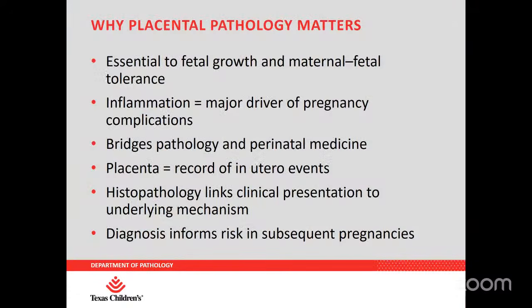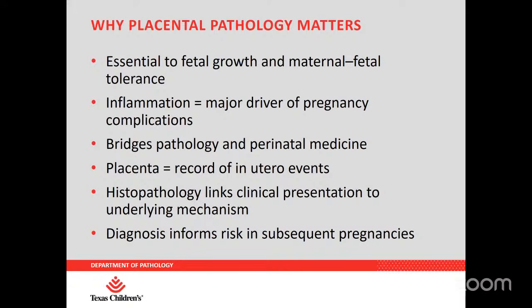But first, before getting into the specifics of placental inflammation and infection, I think it's important to start by framing why placental pathology matters and why it deserves, or at least I feel it deserves, this level of focus within perinatal medicine. So the placenta is far more than just a passive interface. It's a dynamic immune organ that must balance maternal tolerance with defense against infection.